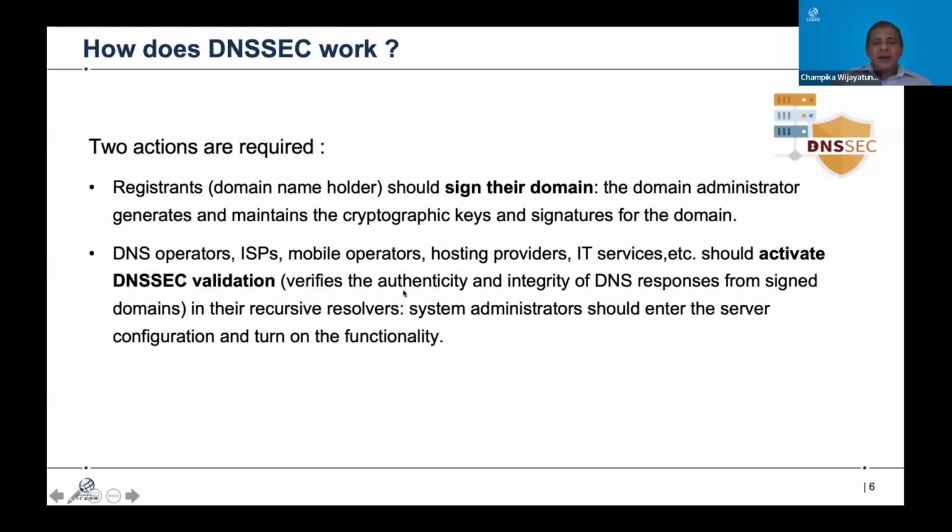That would verify the authenticity and integrity of DNS responses, as I explained in the previous slide. So we try to achieve authenticity, that means whether we are getting these responses from the right servers, and integrity, that means these responses are not modified in the middle, okay?